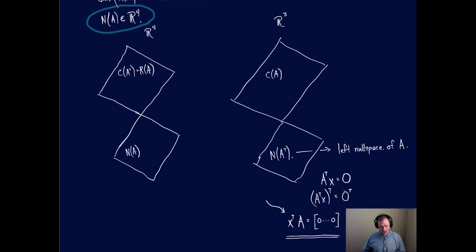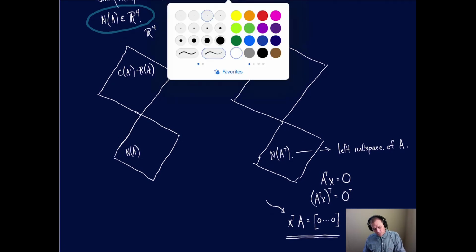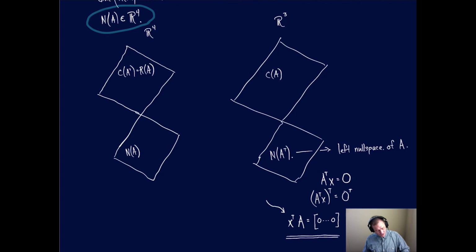Finally, in general. So let's do some in general. So we'll put them in here in yellow. So in general, we have A is M by N. Let's write each of our spaces. Well, the spaces stay in the same places, but notice this.